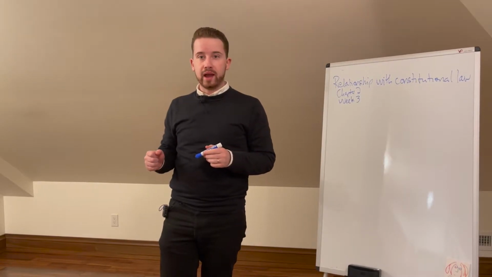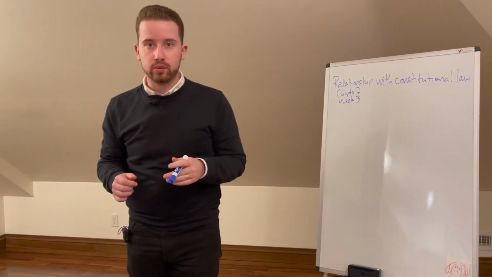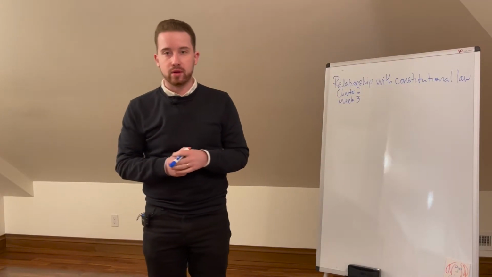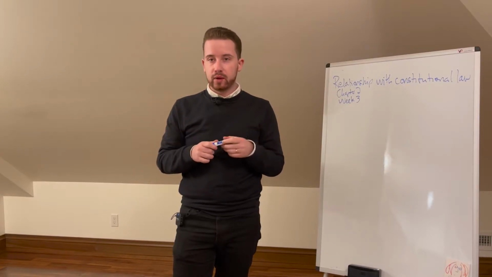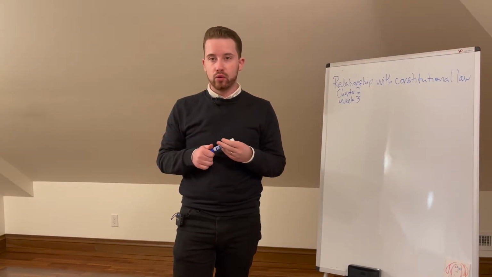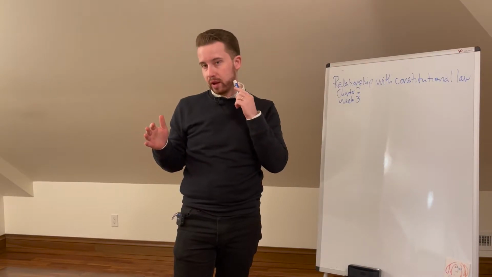All right, welcome back. We're still in chapter 2 of the book, which is the relationship between constitutional law and administrative law. We looked at a bunch of more basic issues last week as to how administrative decision makers are bound by the charter.